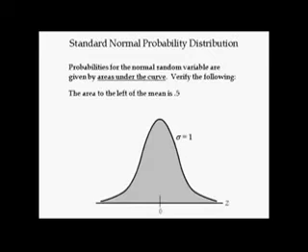As we have seen, probabilities for the normal random variable are given by areas under the curve. Verify the following: the area to the left of the mean is 0.5. In other words, we want to verify that the probability of z being less than or equal to 0 is equal to 0.5.